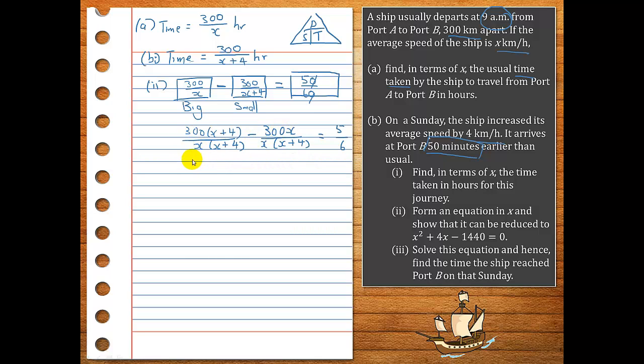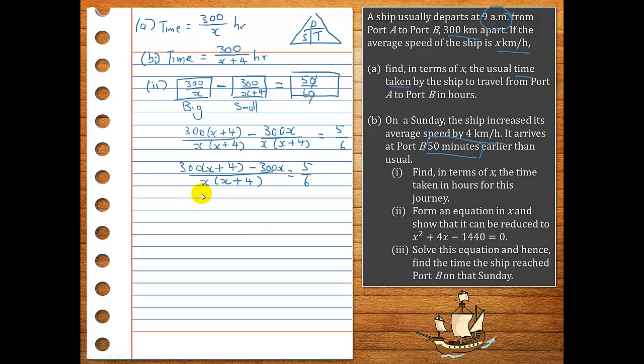Next, we will put the numerators together. 300 bracket x plus 4 close bracket minus 300x over x bracket x plus 4 equals 5 over 6.